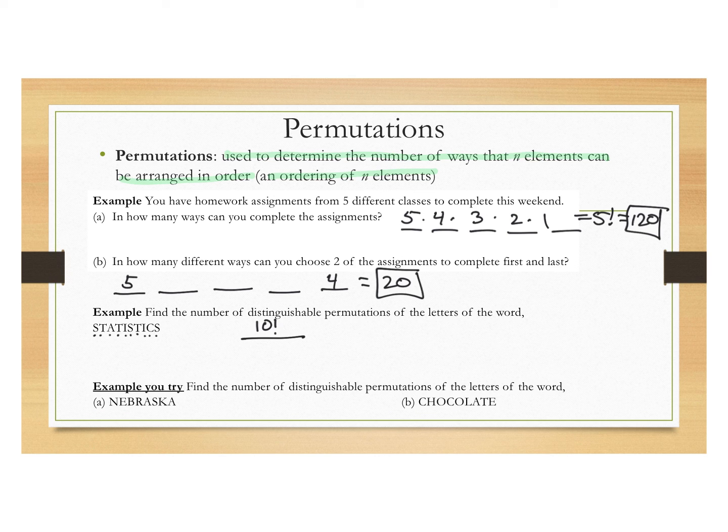So notice we have an S, so that would be our 2 factorial. And then notice we have T, we have 1T, 2T, that would be 2 factorial.